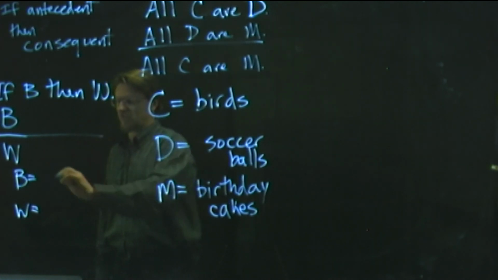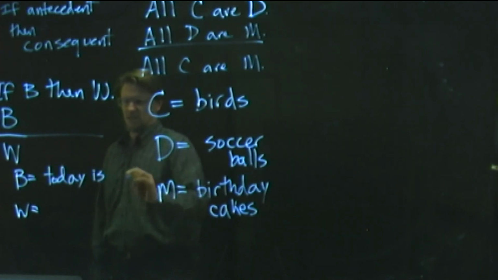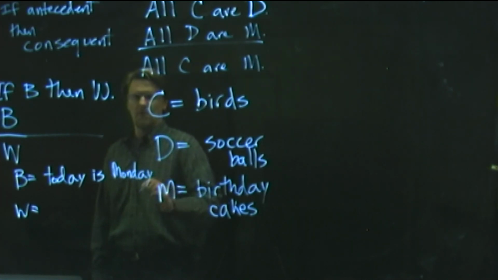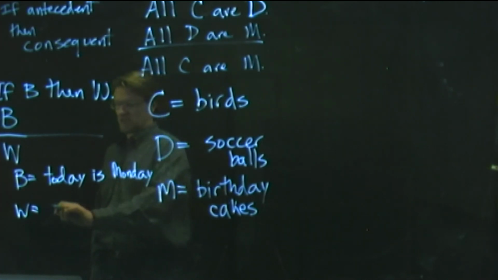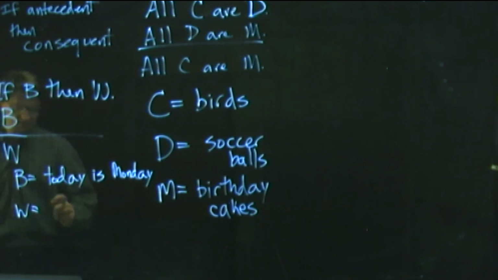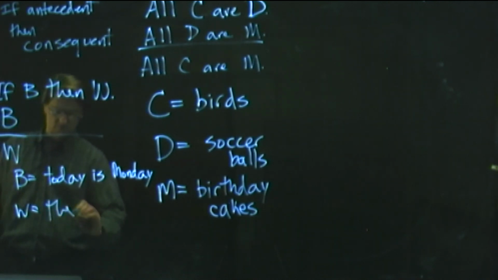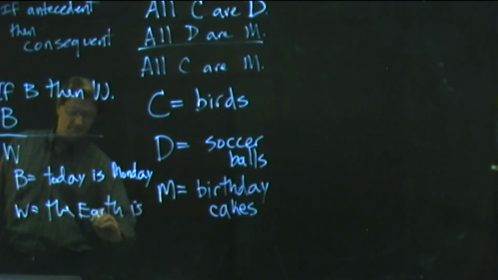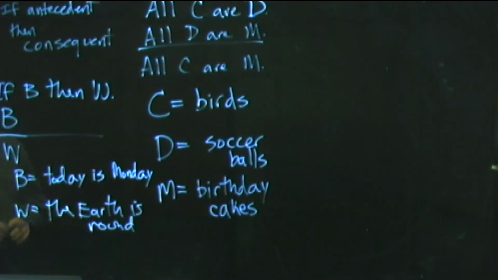So B could stand for day is Monday, for example. W could stand for the Earth is round. We plug these back in. I know you can't see me here, but I'm still here, don't worry.